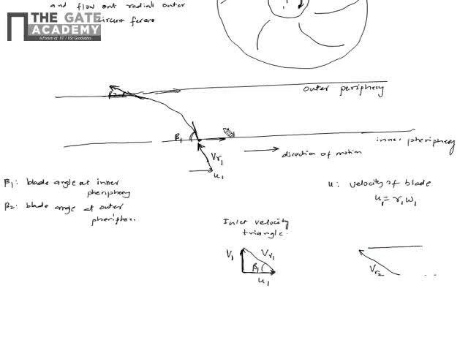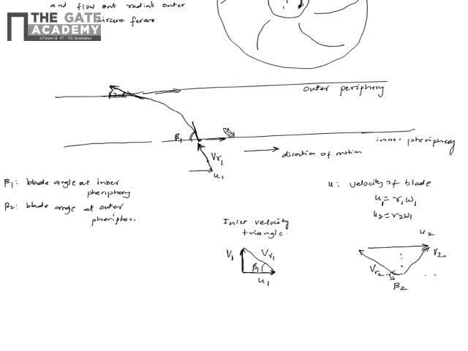This is your blade tip velocity, which is higher than u1 because it's radially outwards. R2 is more, so u2 is r2 omega, and adding the relative velocity to the tip velocity gives the absolute velocity v2 at the outlet. This angle is beta 2.